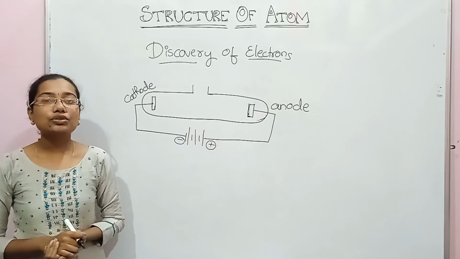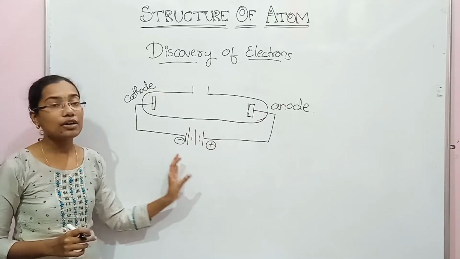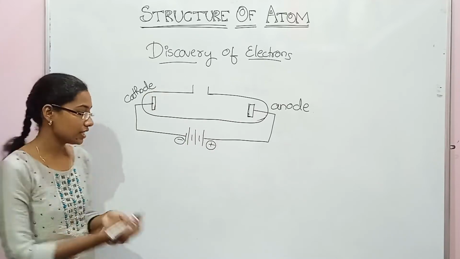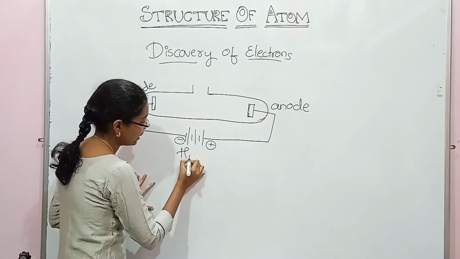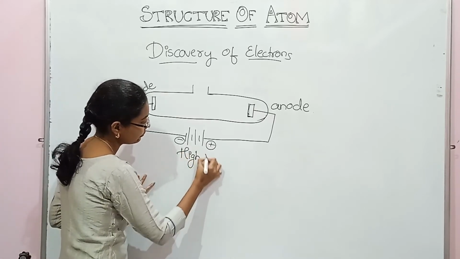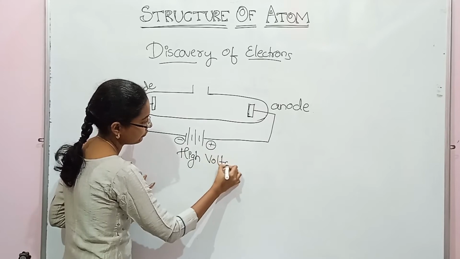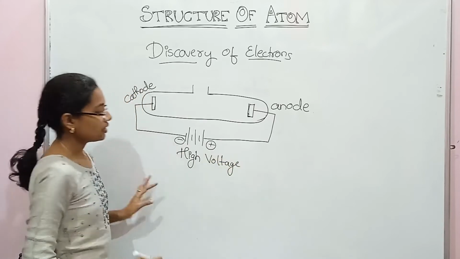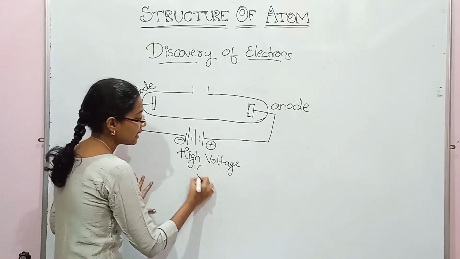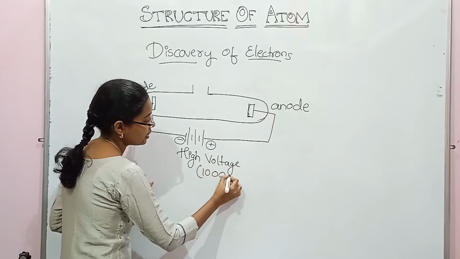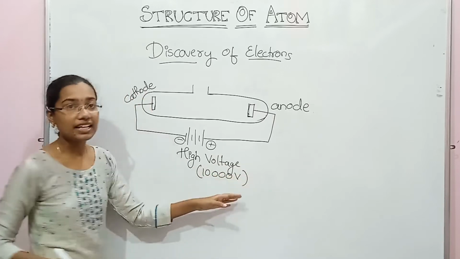One thing we have to keep in mind is that we have to apply very high voltage. Here the voltage applied is about 10,000 volts. So this is very high, right?